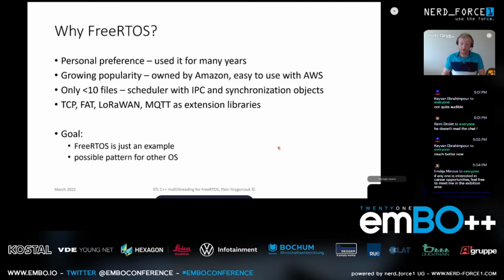But it has a good number of extension libraries, for example MQTT for communication with web services, radio communication, TCP, and a few more. And again, FreeRTOS is just an example. I will try to show how this can be ported to possibly other systems.